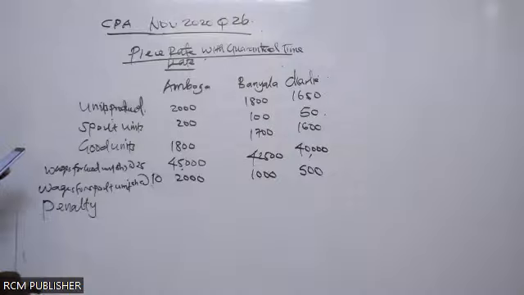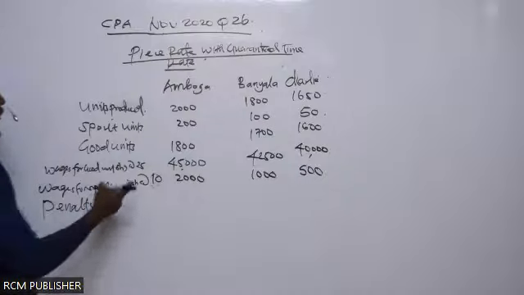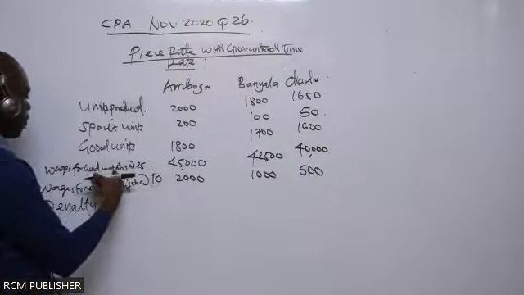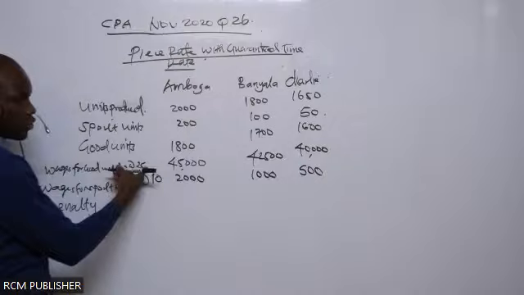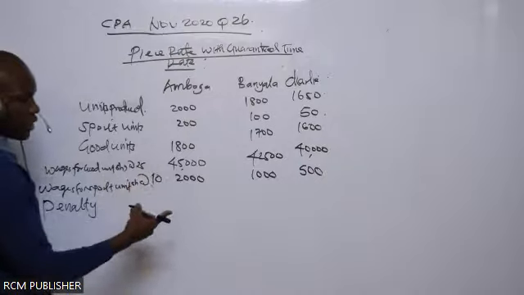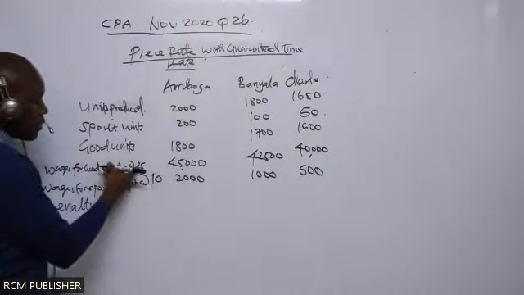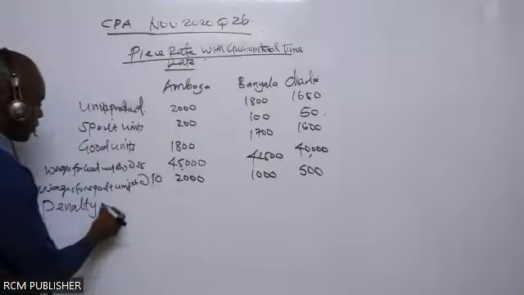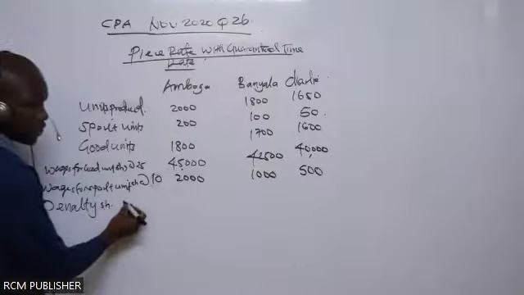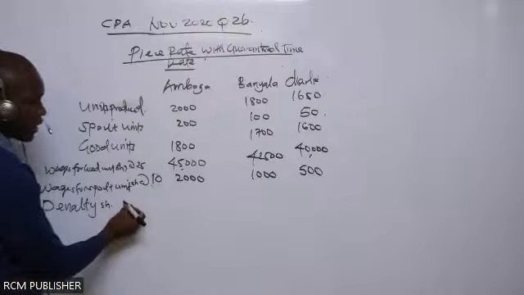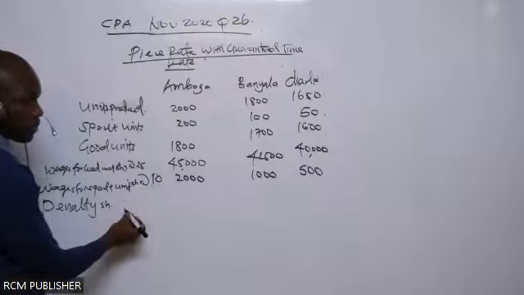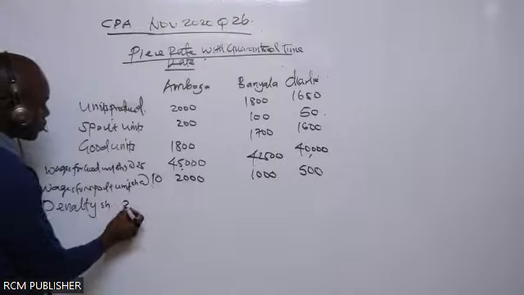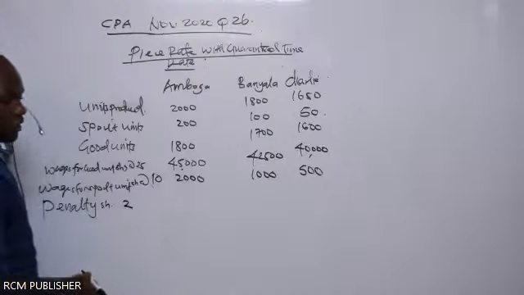So the penalty is 8%. The rate of good units here is 25 shillings. And a penalty is charged. What is the rate of the penalty? 8% of this rate here. So what will we have as the penalty rate? 8% of 25 is 2 shillings.